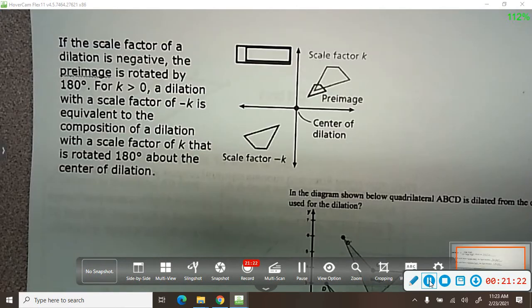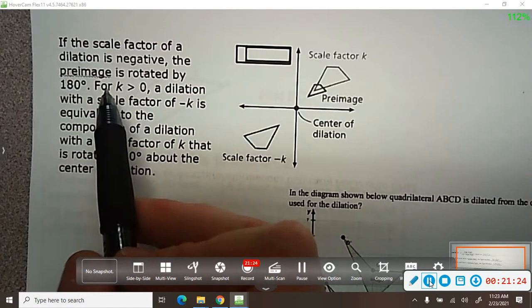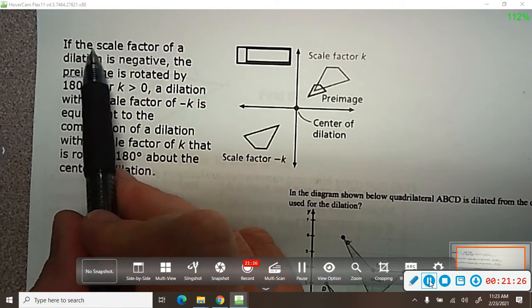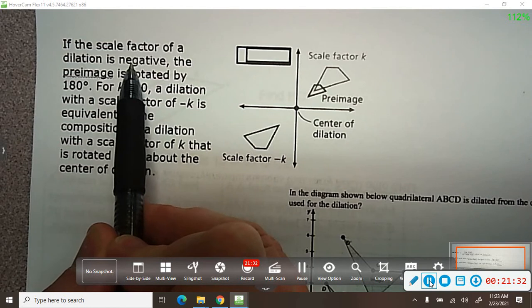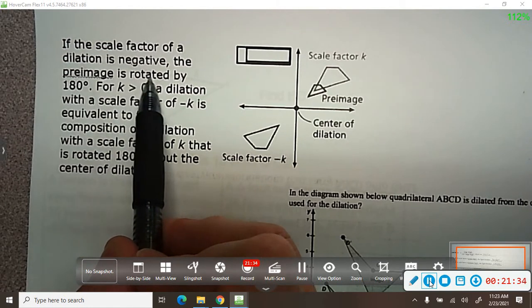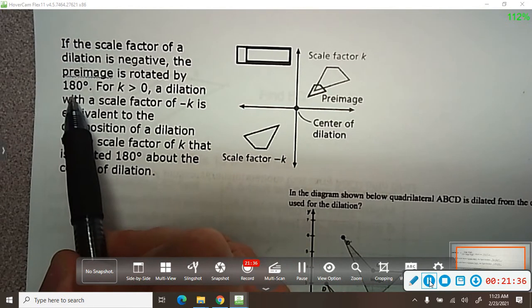We didn't talk about this, so I just want to make sure we cover it real fast. Now, if the scale factor of a dilation is negative, we have done no dilations with a negative scale factor. The pre-image is also rotated by 180 degrees.